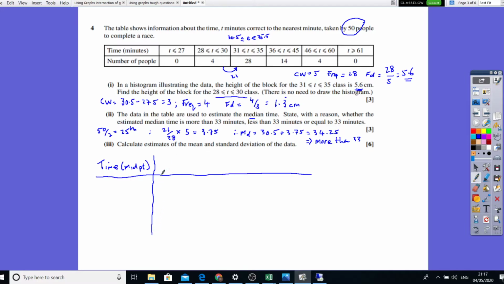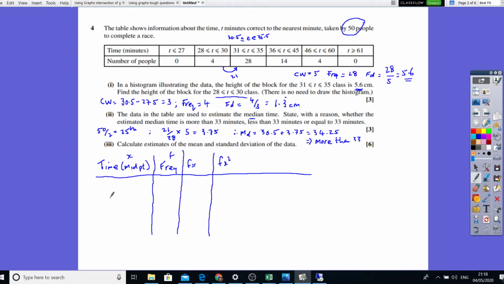And for this one, I'm going to use the frequency. So I'm going to put F here. This is going to be my X. Over here, I'm going to multiply that F by X, so I'm going to get the F and X. And along here, I'm going to square this and get the Fx squared.